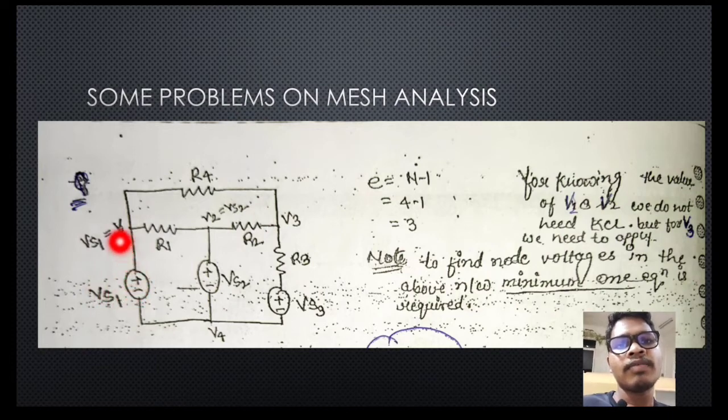Why? Because this V1 is that voltage source Vs1, same here. Like that, here also V2 is the same voltage source. So here no need to apply any KCL or KVL equation, but in this case there is no voltage source connected with V3, so that's why we need to apply the KCL and KVL equation here only.